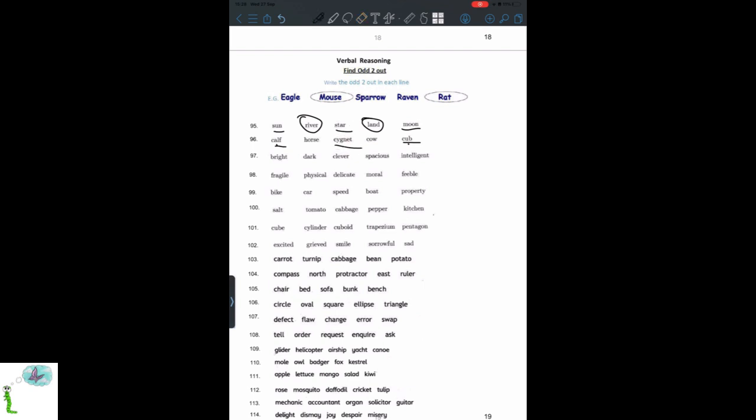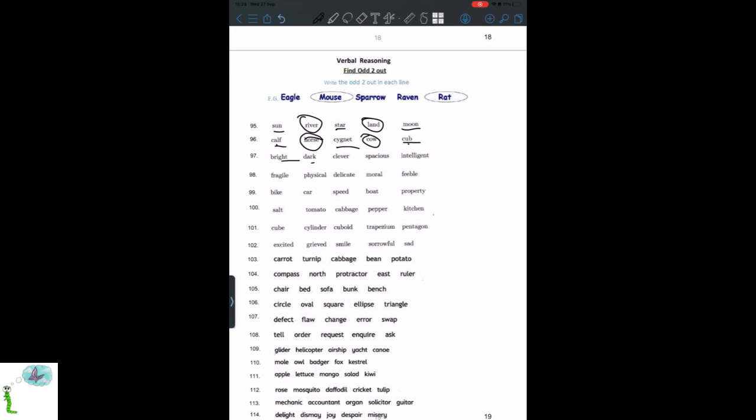I'm going to assume it's a baby version of an animal, so it's going to be horse and cow. I'll just double check what that means. So it's a young swan, but I wouldn't expect any of you to know that. But because it's not an animal you've heard of before, what you can assume is that it's a baby version of an animal, right? And then these two would be the odd one out.